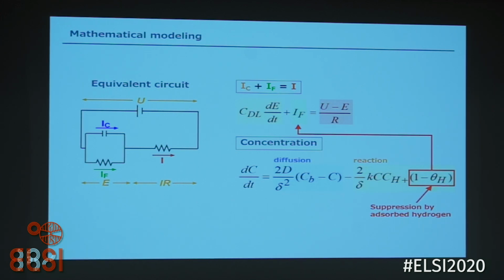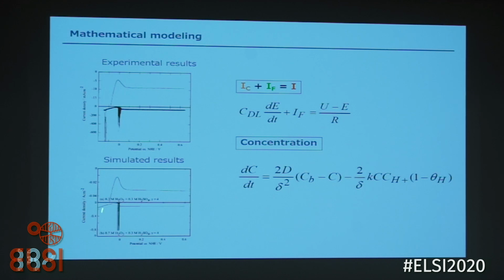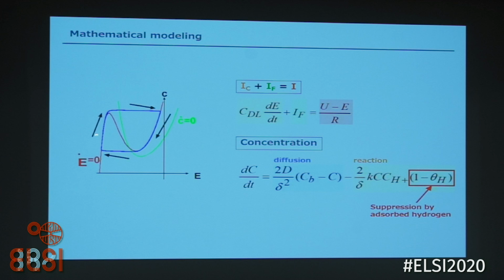Although this is very simple, it reproduces the experimental results very well. And we can also get the two curves I have shown before. You see the cross point here, it's on negative slope.